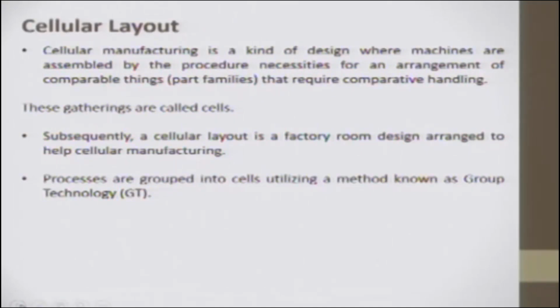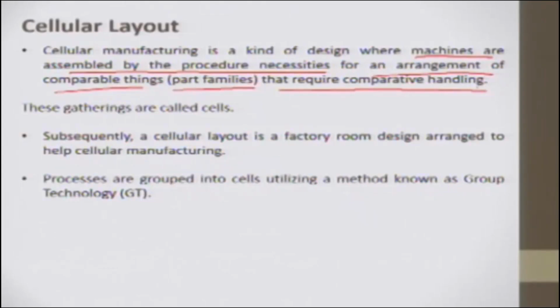Cellular manufacturing is a kind of design where machines are assembled by the process necessities for an arrangement of comparable items or part families. They require comparative handling. These collections or families are known as cells.